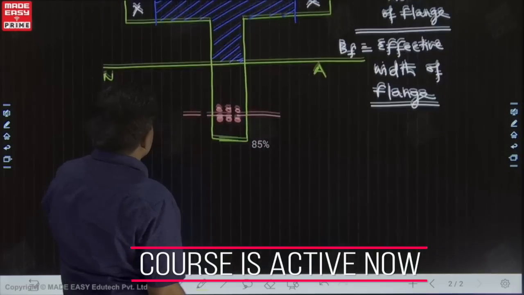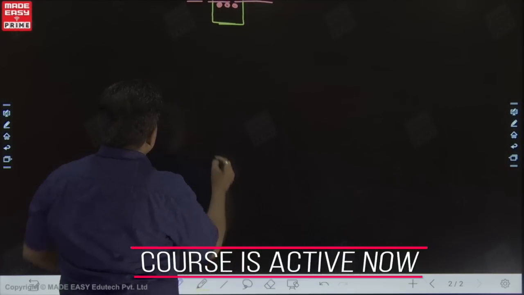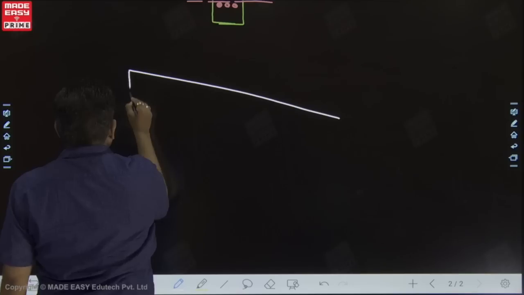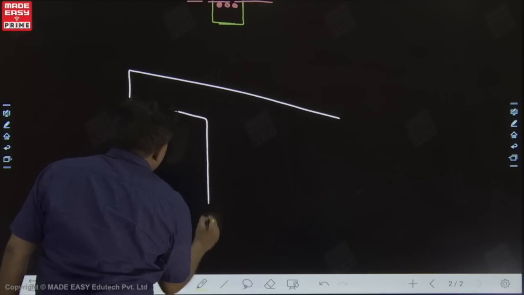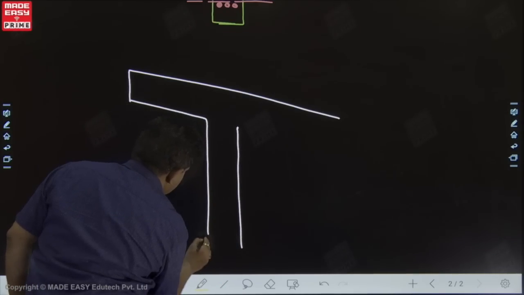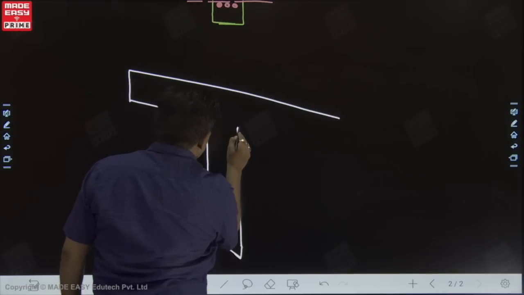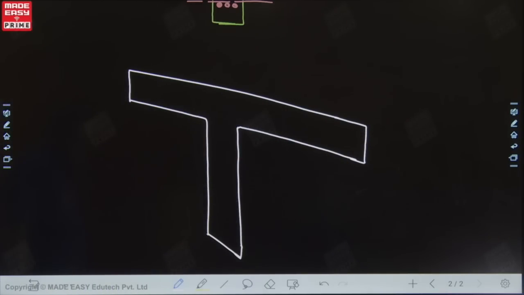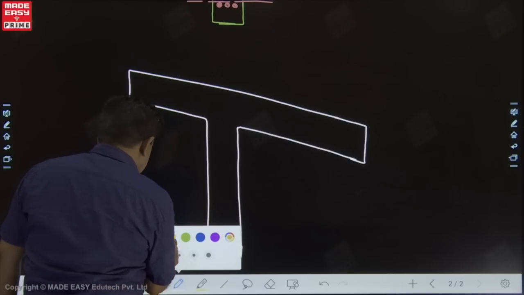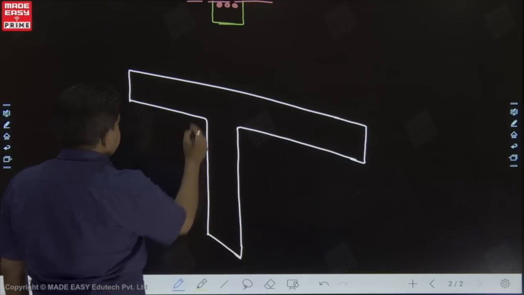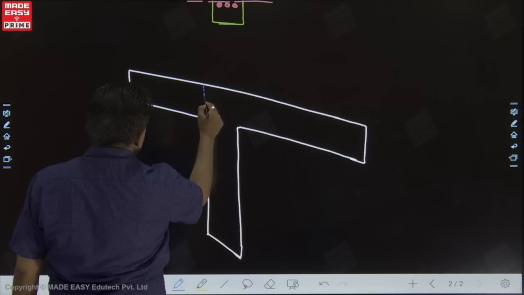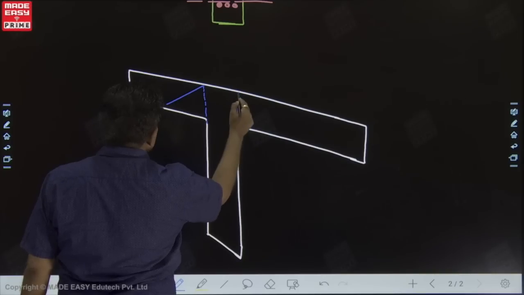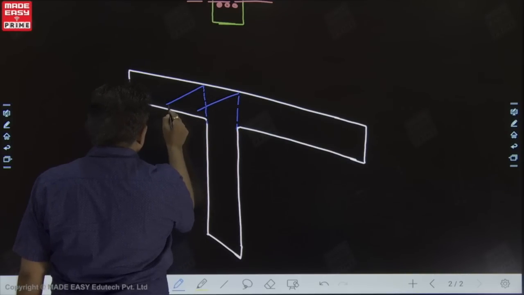I will tell you the reason why we don't consider them. If I take the cross section of this T-beam like this, the stress diagram that you know, on this web portion, will be like this.